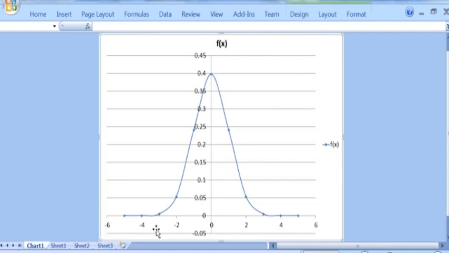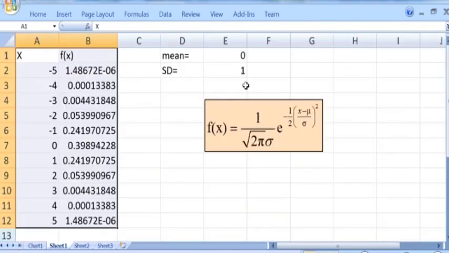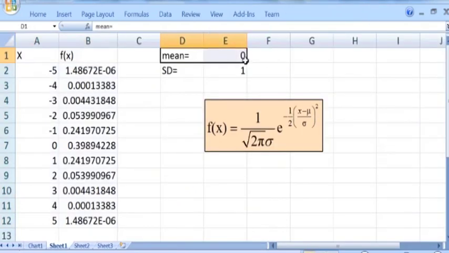So note that this 0 value is actually the mean. So it means the highest probability of normal distribution always occurs at its mean value. And this standard deviation is 1. It gives us the spread of this normal distribution.